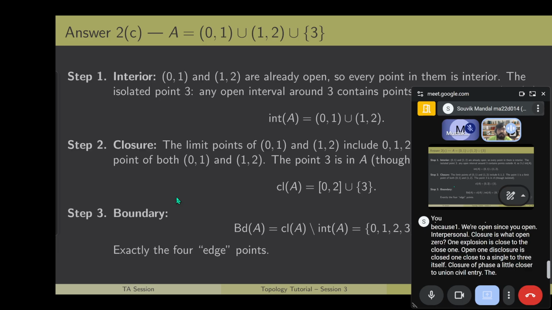So the boundary of A is closure minus interior, that means 0, 1, 2, 3. These are the four edge points. That's all, there is nothing more to explain.